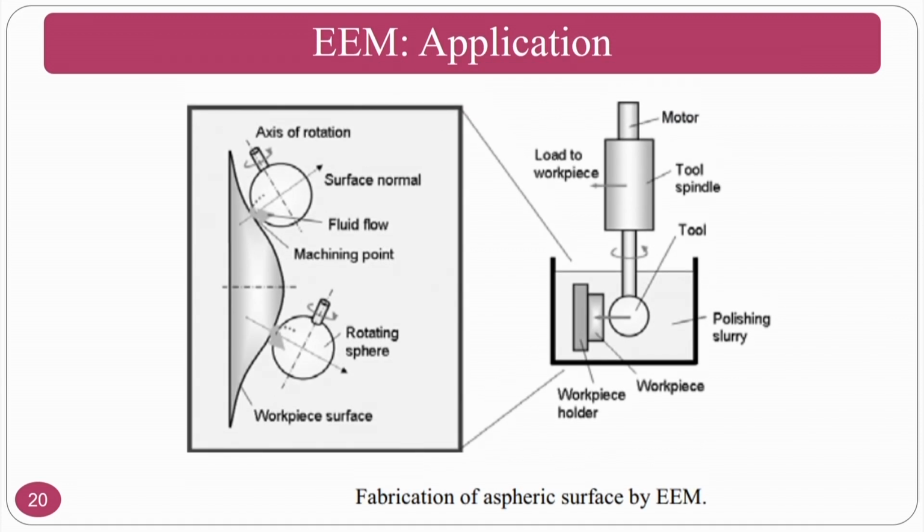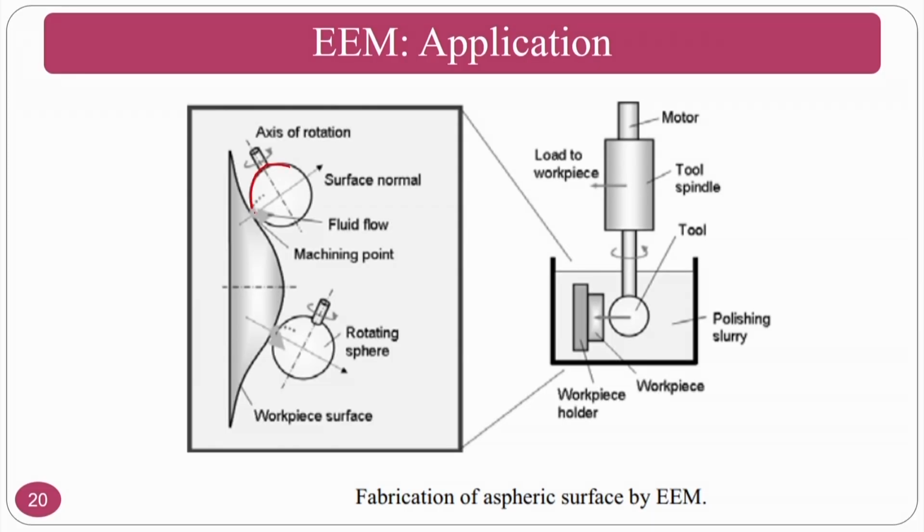You can see here you have a lens with a convex surface, and you have to use your particular sphere, that is nothing but a polyurethane sphere, at different angles. So, you have X, Y, Z motion, swiveling action and other things. Normally, you might have seen 3-axis machines, 5-axis machines and others. You can apply this type of motions to the spherical ball, and you can work at different positions, with different axes maintained.